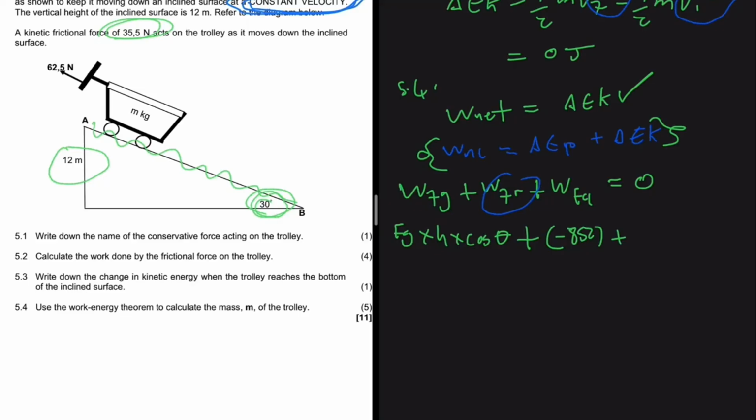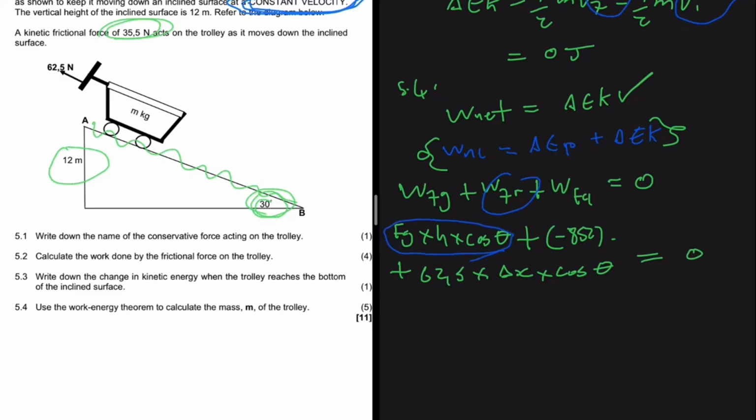We know that the force applied is 62.5. Let me write it in the line below: plus 62.5 multiplied by the displacement, and then cos of the angle. And this should all be equal to 0. So let's talk about this work done by gravity first.